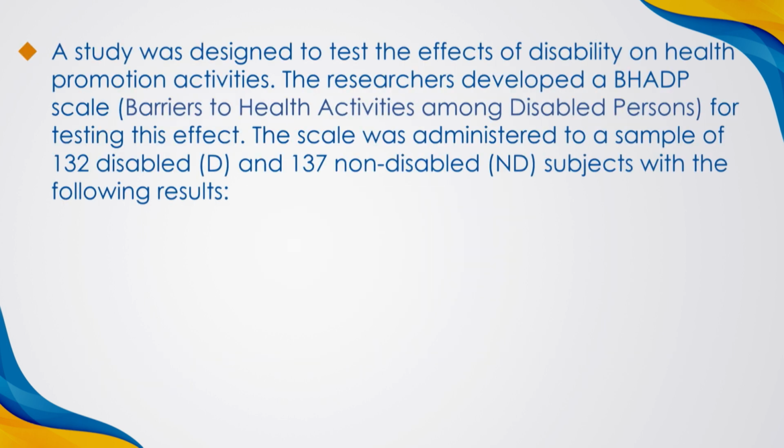A study was designed to test the effects of disability on health promotion activities. The researchers developed a BHADP scale, that is, barriers to health activities among disabled persons, for testing this effect. The scale was administered to a sample of 132 disabled and 137 non-disabled subjects with the following result.